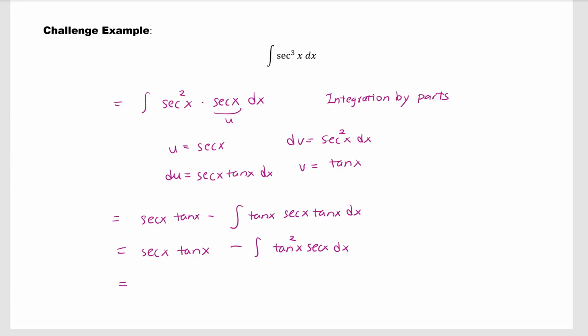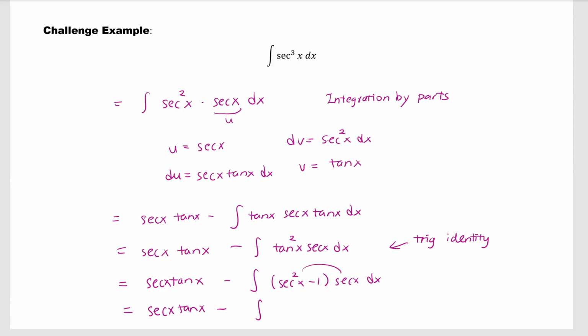Here, actually, you can relate this to what we had before, because of tangent squared. Use the trig identity: tangent squared is secant squared minus 1. So let's distribute it.